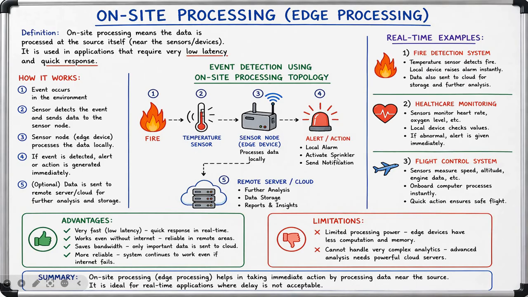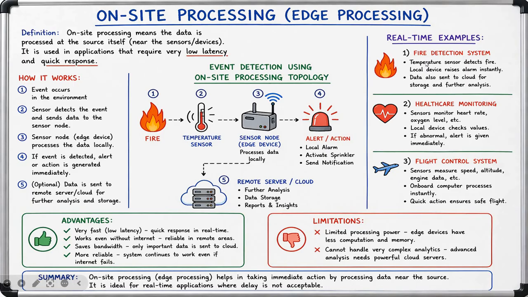These are all alert actions. The last step is optional cloud communication, where the system may also send the data to a remote server or cloud for further analysis or storage, such as reports and insights.